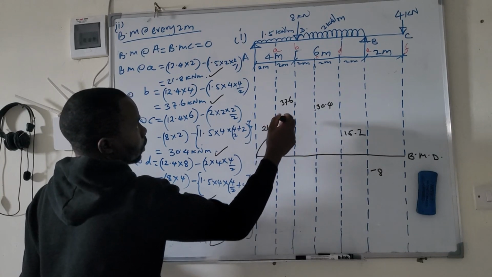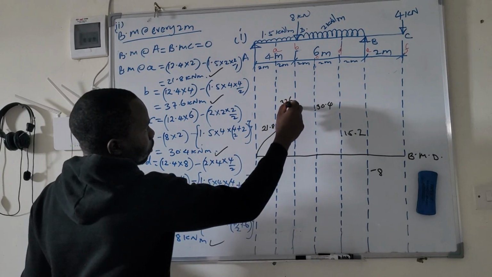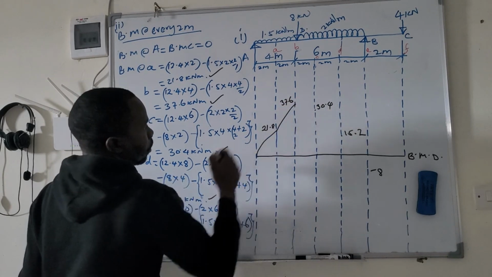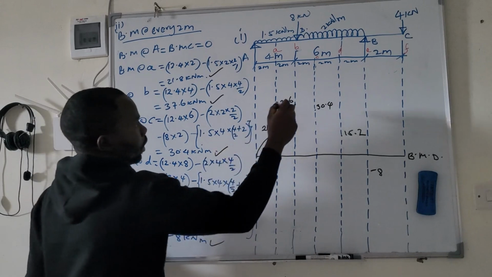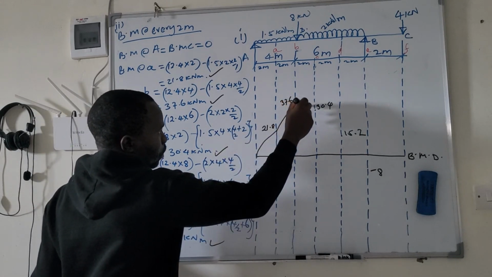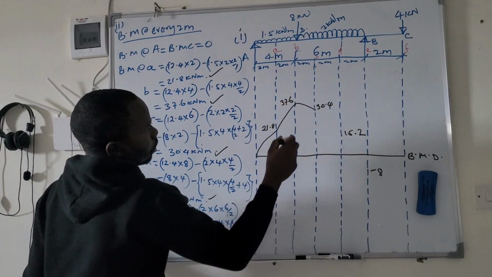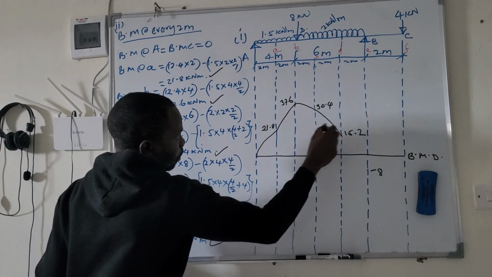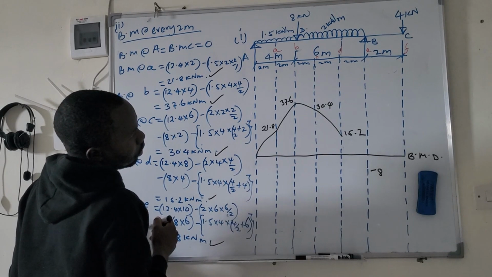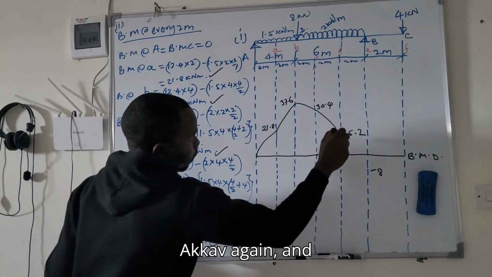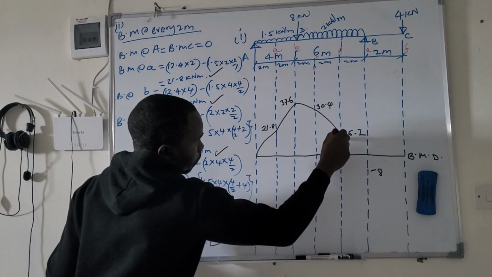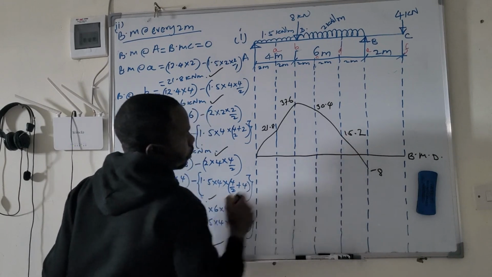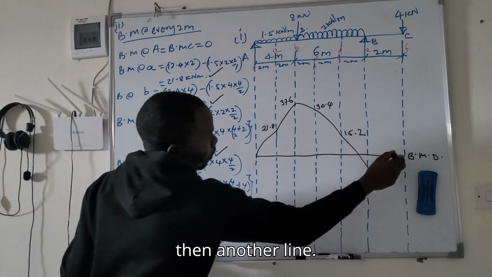because it's a UDL. Again a curve, again a curve, again a curve, and then a diagonal line.